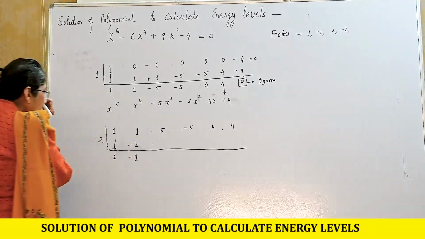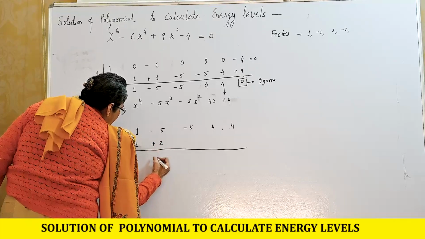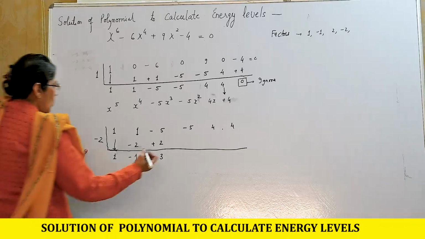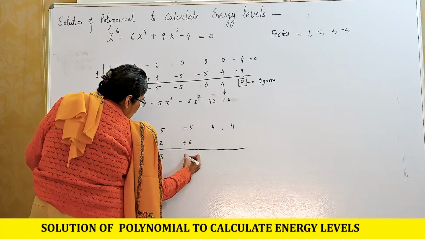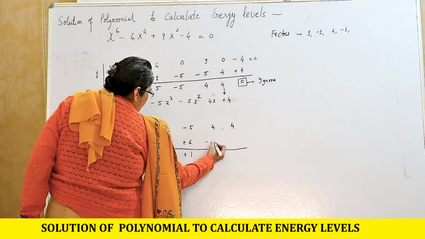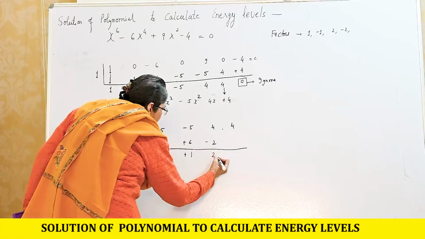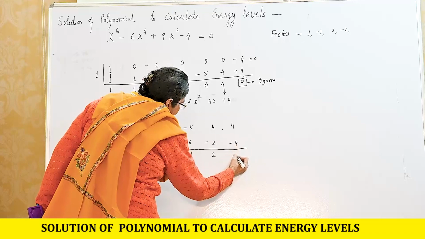This will be -2, plus 1 plus 2 and here we get -3. -3 times -2 is plus 6 and we get plus 1. -2, here we get -2 and 4 minus 2 is 2, and 2 minus 2 is -4. Then we are getting 0.